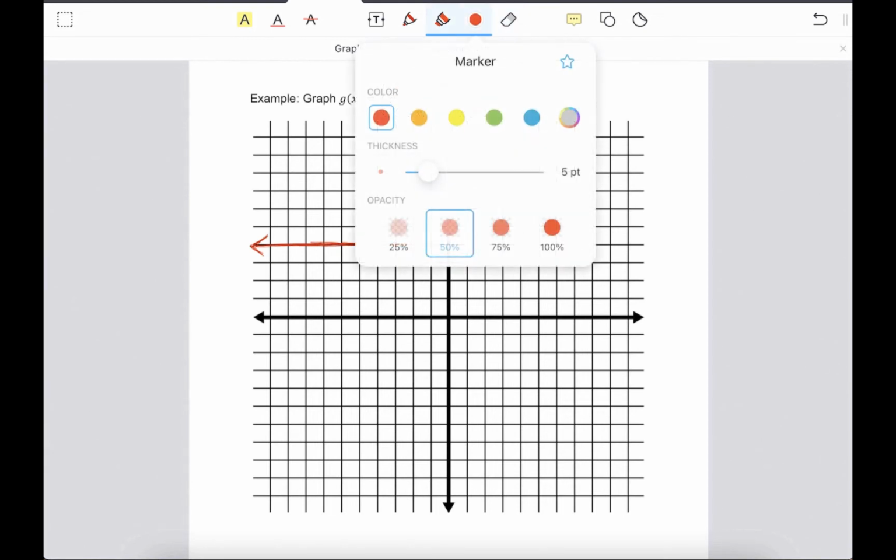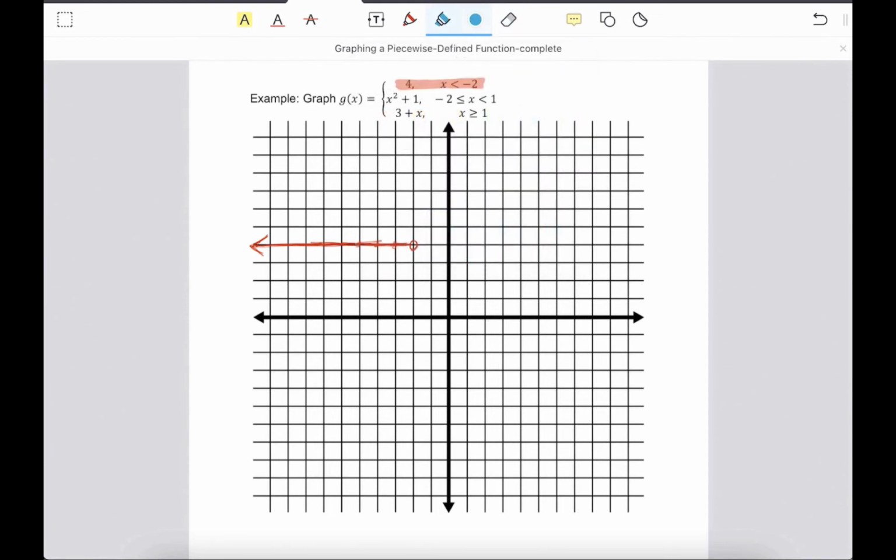Now let's move on to the second one. This is x squared plus 1 from x equals -2 up to 1.